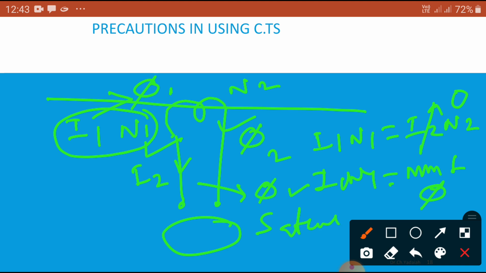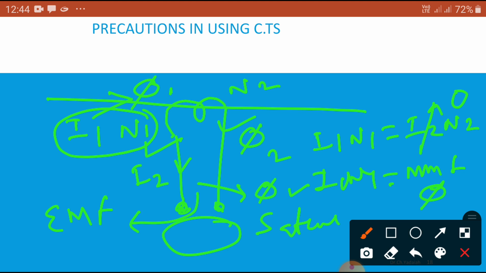Once it is saturated, what will happen? As per Faraday's laws of electromagnetic induction, a large pulse voltage EMF is induced across the open terminals. In that condition, if you try to connect the meter, it will burn.